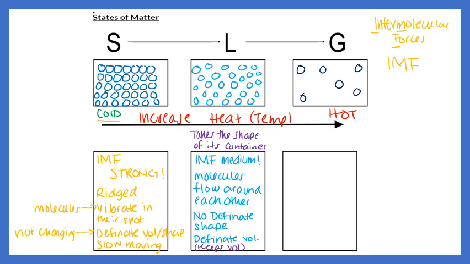Okay. And now for our friends that are the gases. So our gases have the weakest or no IMF. Okay. The molecules move randomly. Okay.